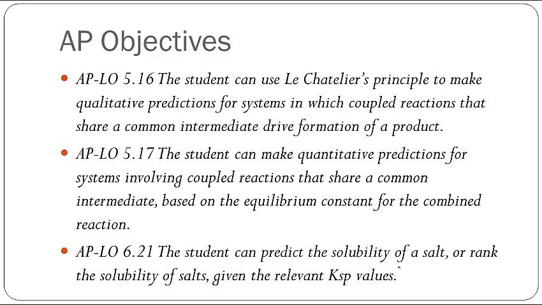Student can predict the solubility of a salt or rank the solubility of salts given the relevant Ksp values. Right, so this one's like when we ask you to rank the strength of an acid or base, giving you Kas. The only trick to this, you can't just look at the Ksp. You have to look at the equation that governs the Ksp.